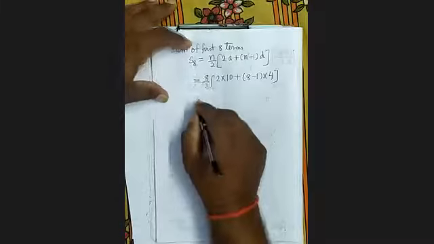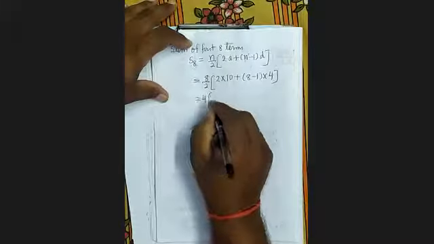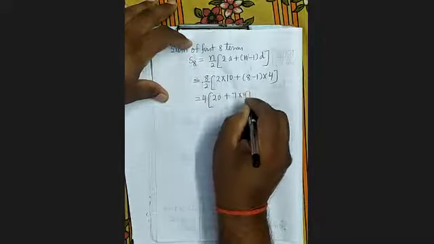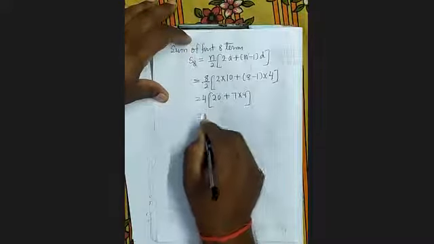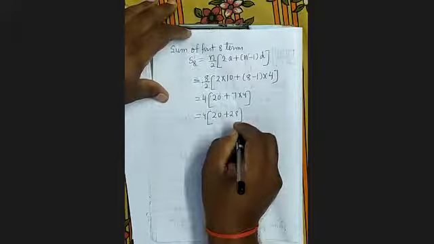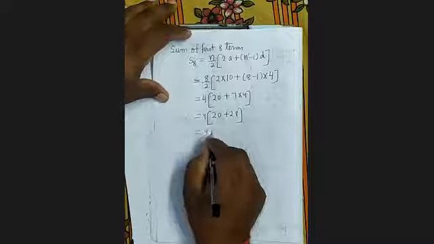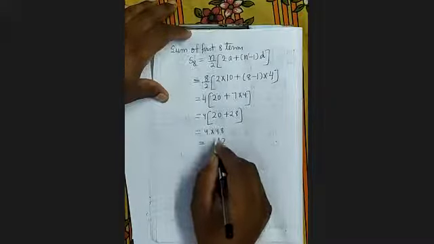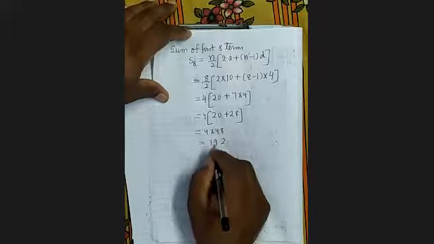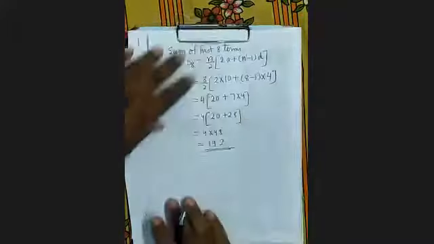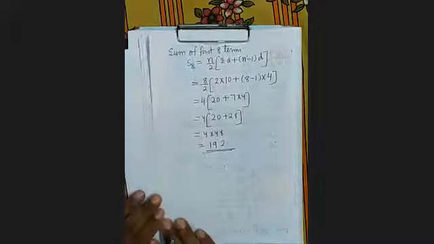So this will be 4 into 10 is 20, plus 28. So the sum of first 8 terms will be 192.